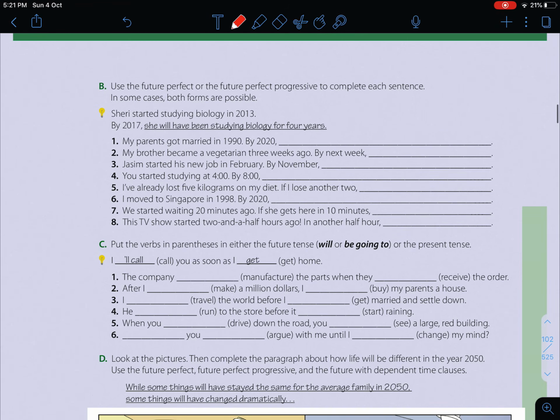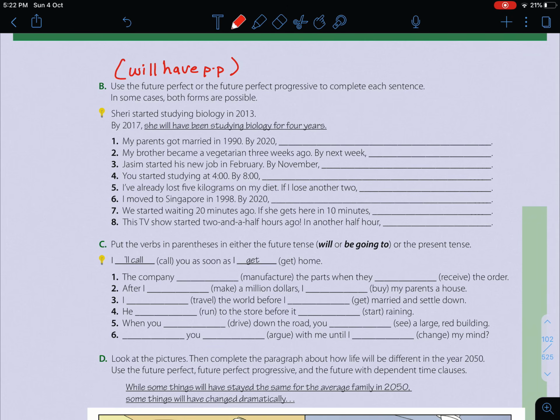We will try to do each exercise all together. So B, use either the future perfect or the future perfect progressive to complete each sentences. In some cases, both forms are possible. So future perfect, you know that it is will, okay, have, and the past participle, right?